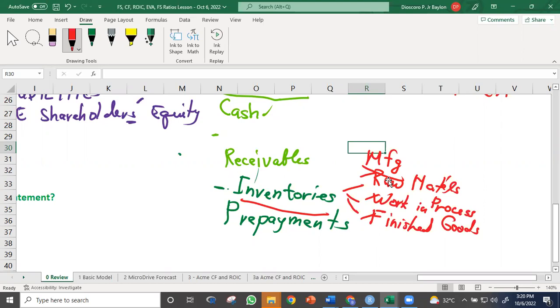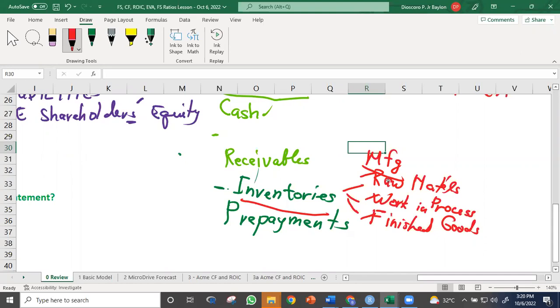You must have learned already the periodic system, right? Perpetual and periodic, where one records the items bought for sale as purchases, while the other method records inventories. And lastly, manufacturing, where you have three levels: raw materials, work in process, and finished goods.